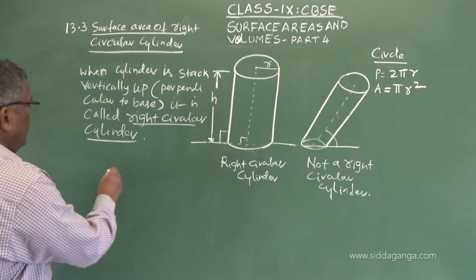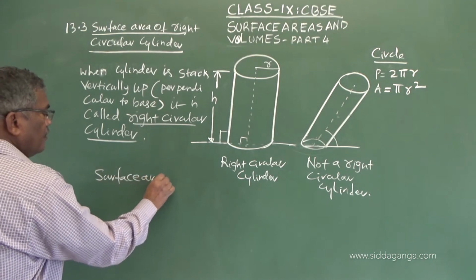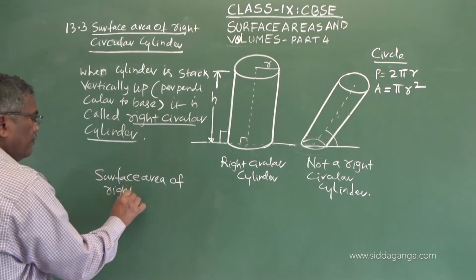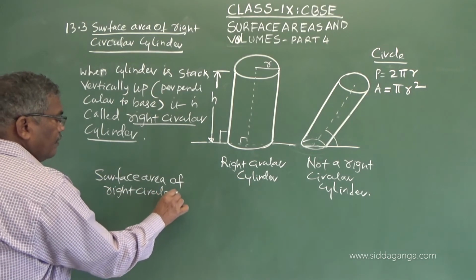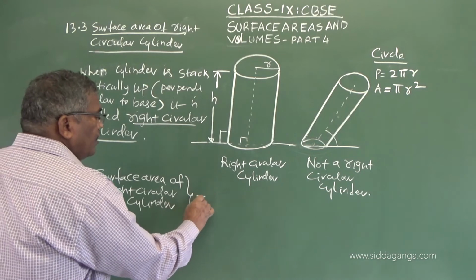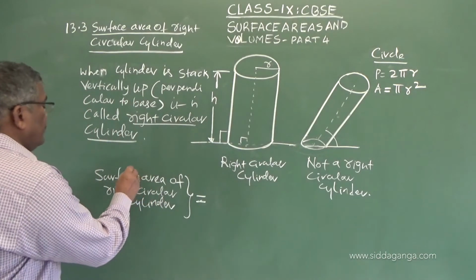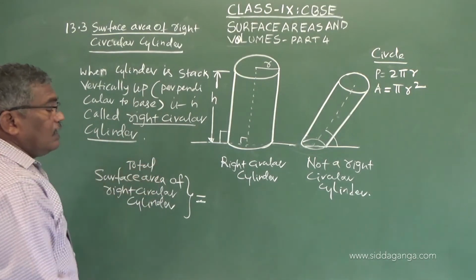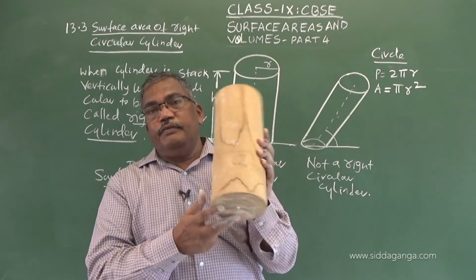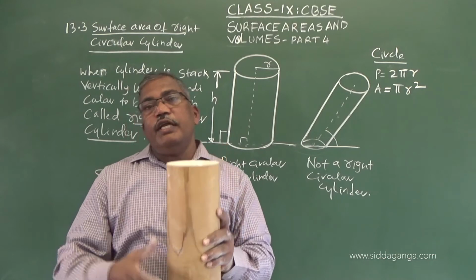So therefore, the surface area of a right circular cylinder will be, the total surface area of the right circular cylinder of this object, you can see, is the curved surface area plus 2 circles on either end.